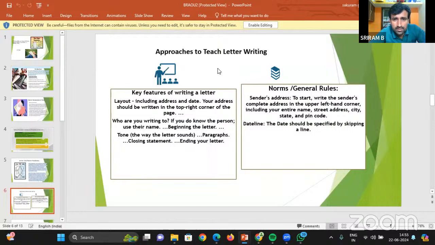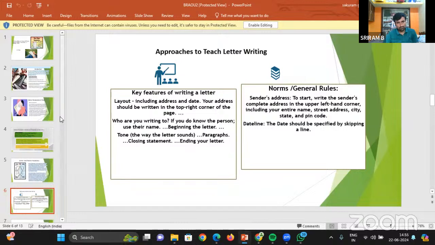Approaches to teach letter writing. Key features of writing a letter. Layout, including address and date. Your address should be written in the top right corner of the page. Who are you writing to? If you do know the person, use their name beginning the letter.